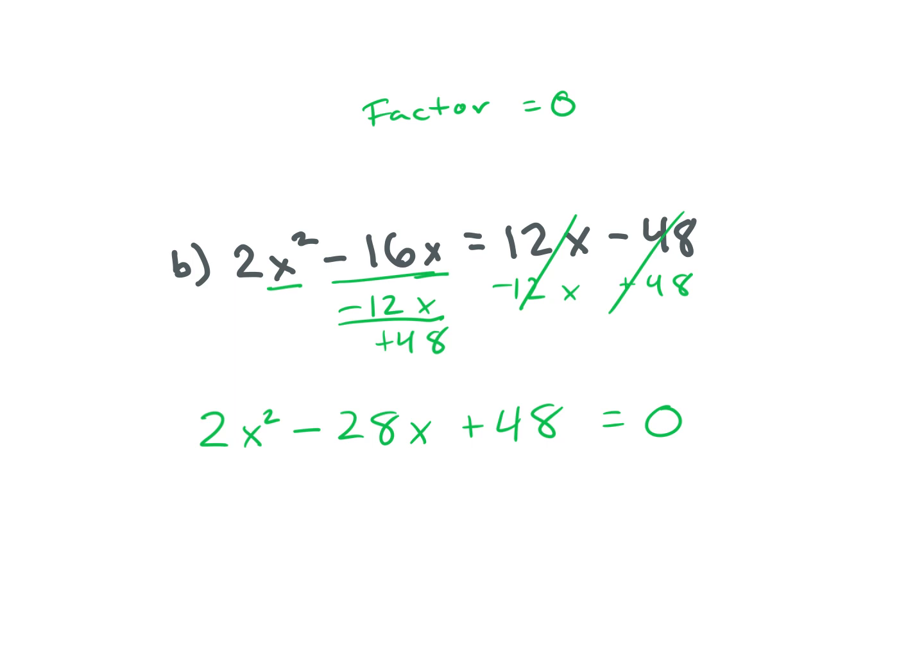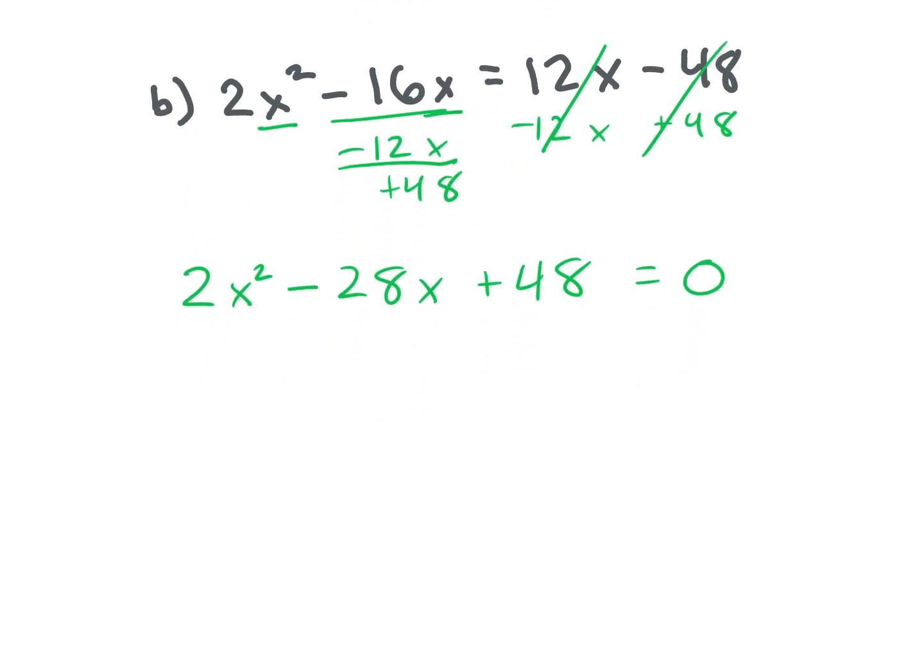I could multiply the first times the last, but Gio, what else could I do? Take out the 2. Let's take out the GCF to make the numbers easier for us. So I'm going to divide everything by 2. So I get x squared minus 14x plus 24 is equal to 0.